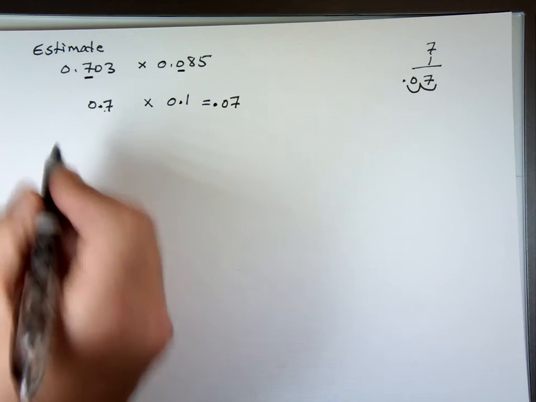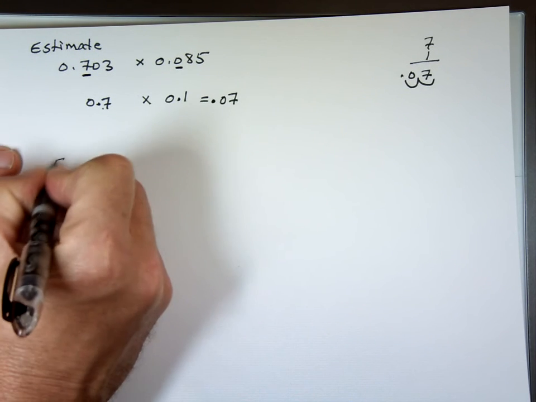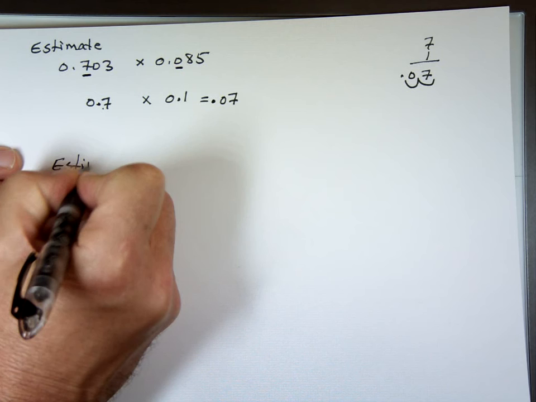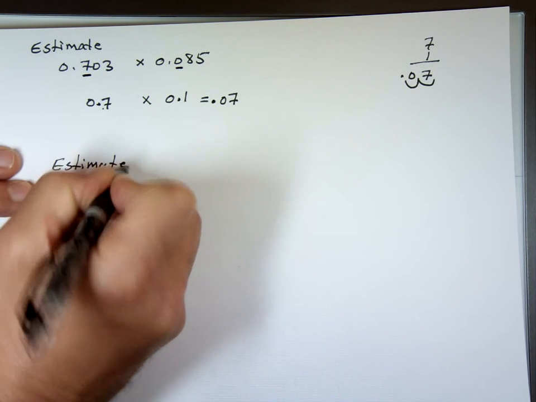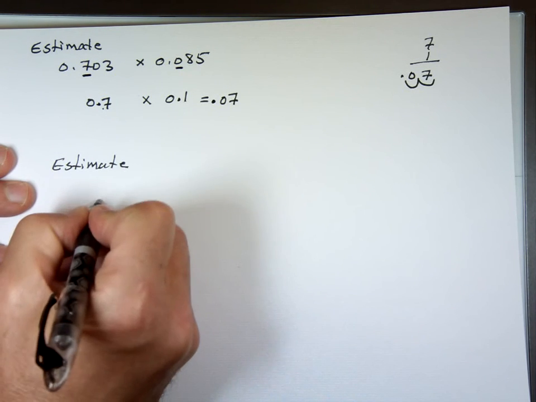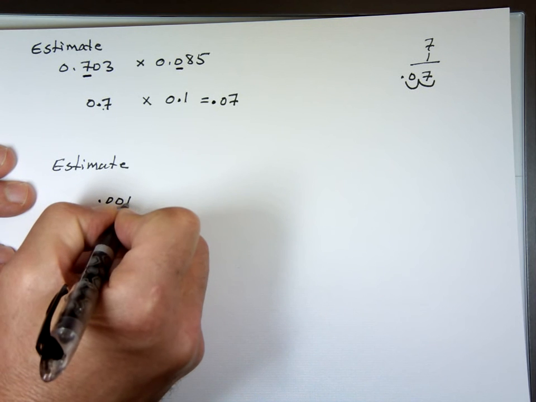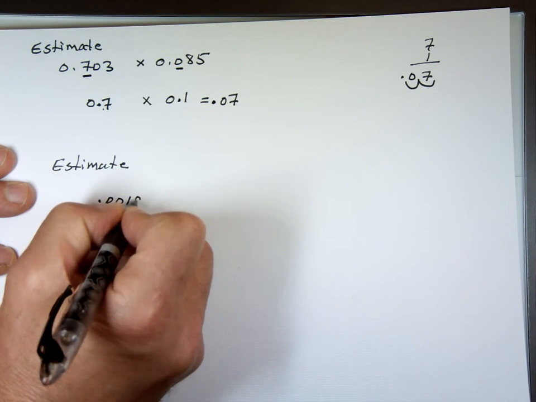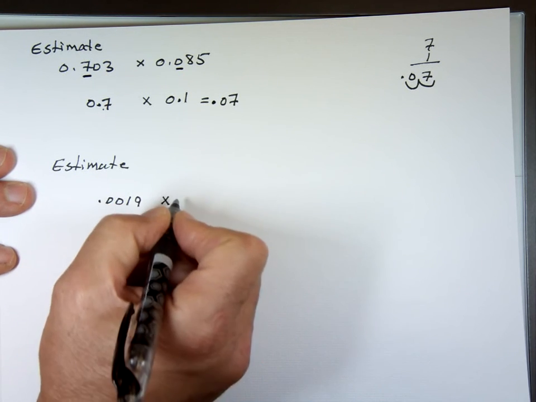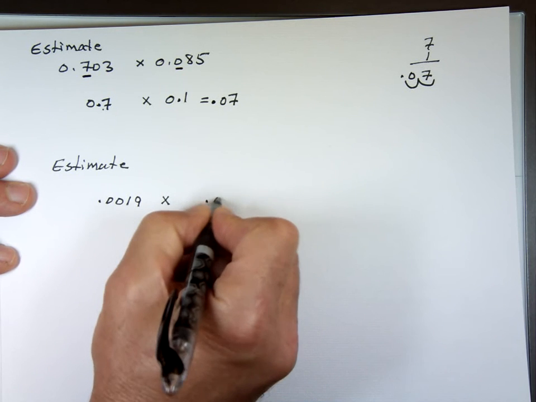Now the another one will do estimate. And let's say I have 0.001 or 19 times 0.084.